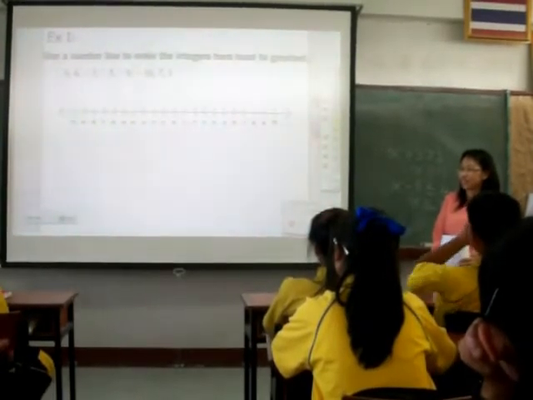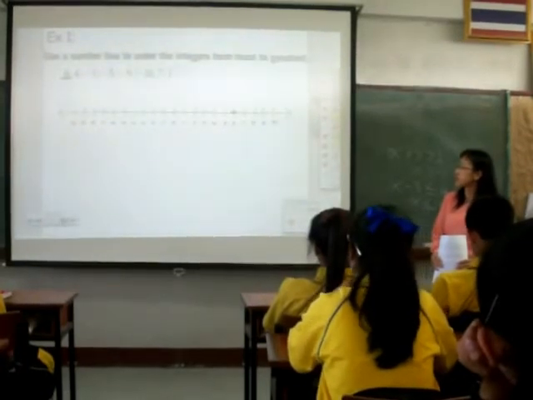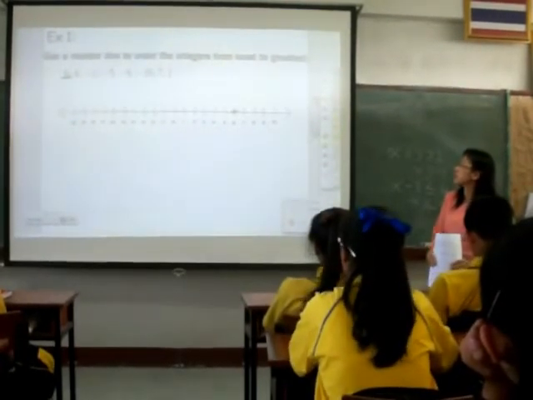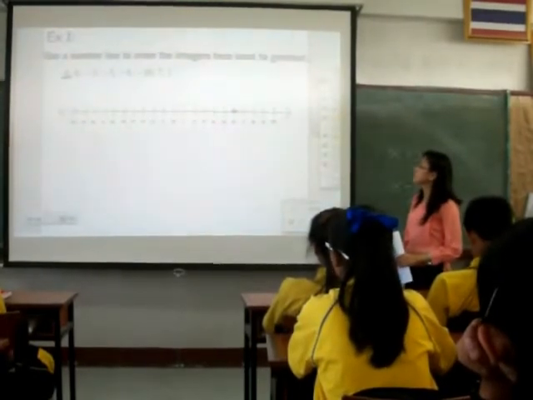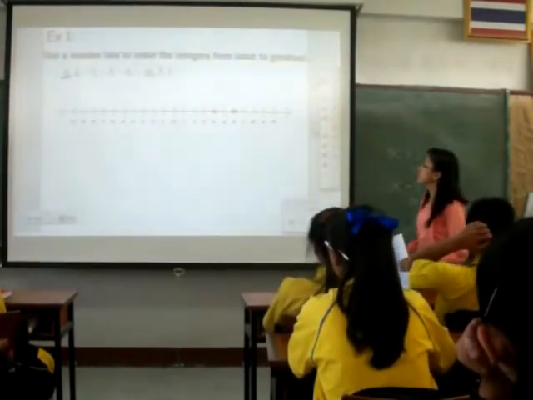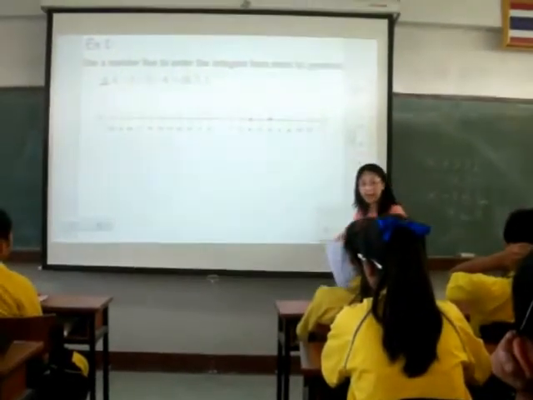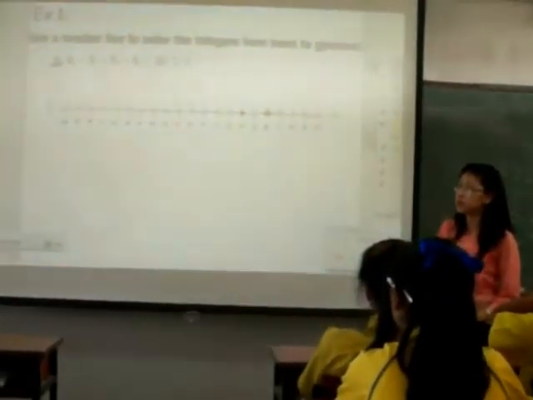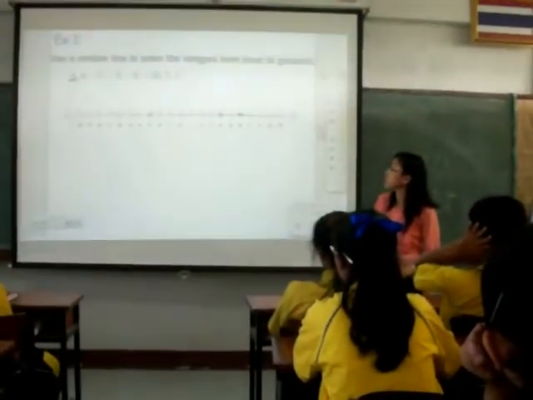First, let's look at 6. 6 is a positive value, so it will appear here on the number line. 4 is a positive value, and it will appear to the right of 0 as well. -3 is our first negative value, and that will appear to the left of 0.